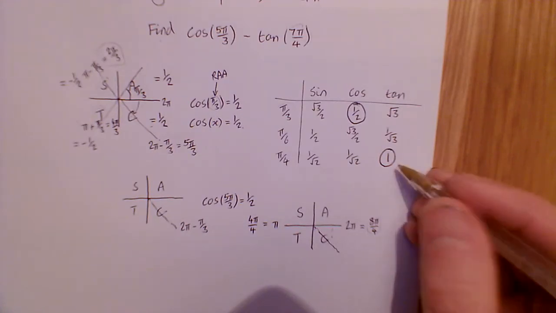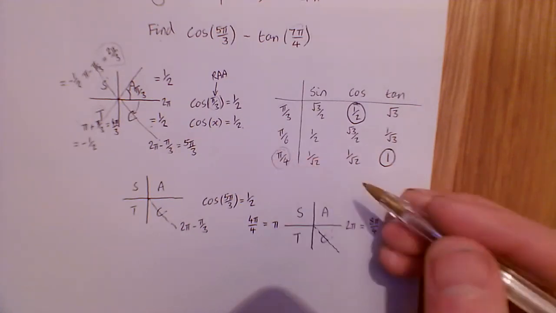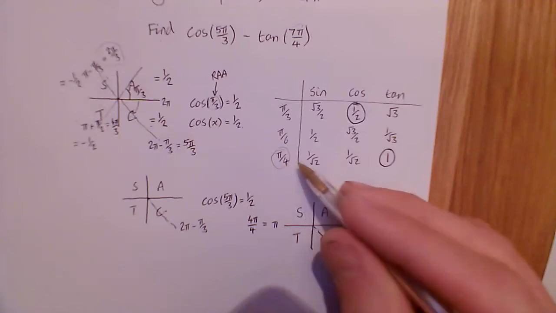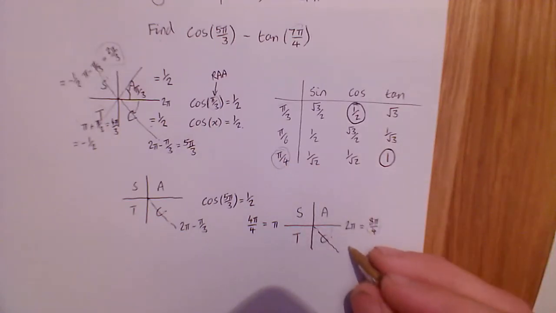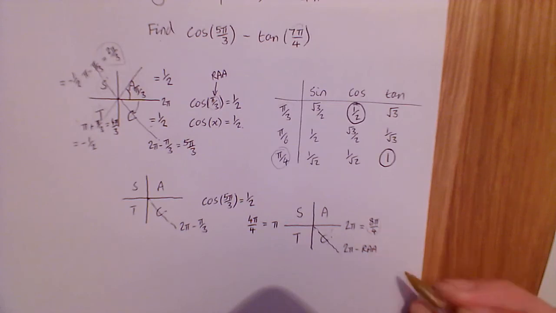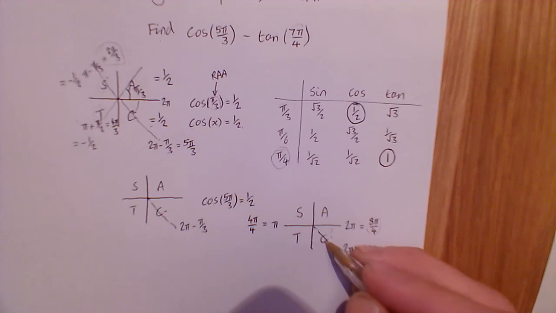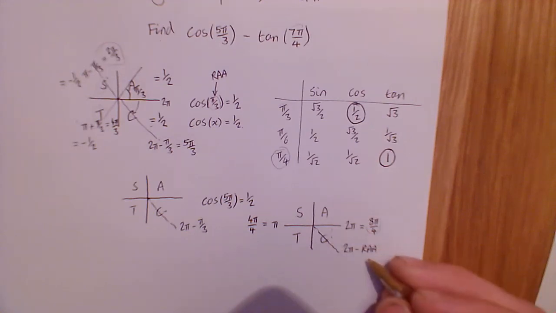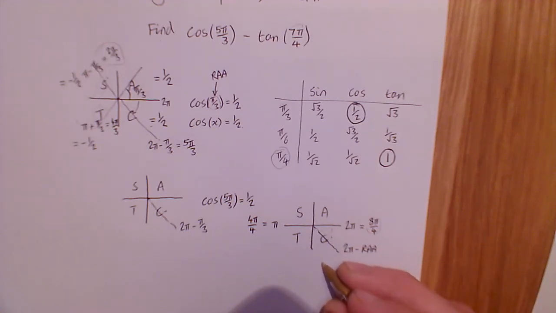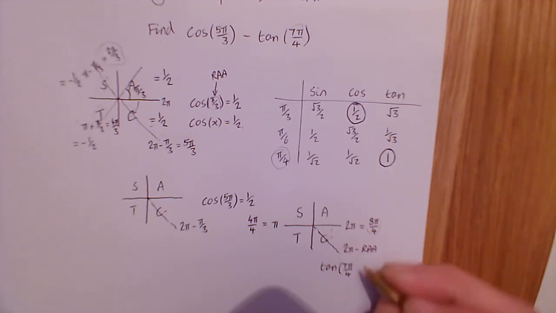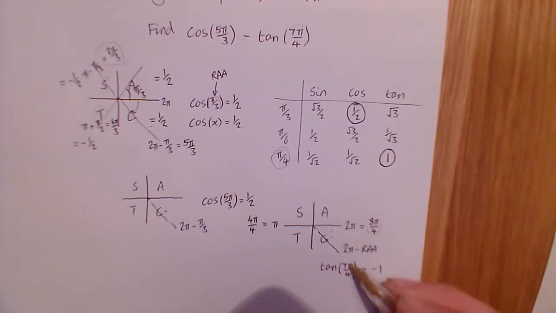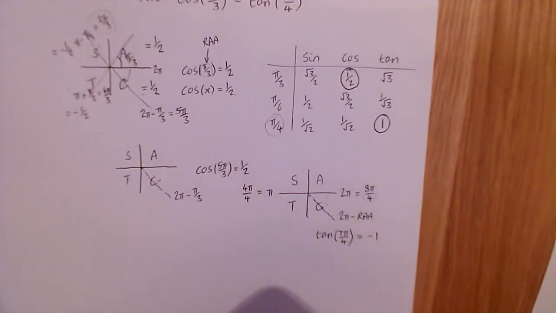Because it's associated to the original relative acute angle of pi on 4, that puts it in this section as 2 pi minus that relative acute angle, meaning it's still going to have a value of 1, but because it's in the C section, we know it's not going to be plus 1. Instead, it is going to be minus 1. So from the fact we're in the C section of our diagram, we know that tan of 7 pi over 4 is going to equal minus 1.